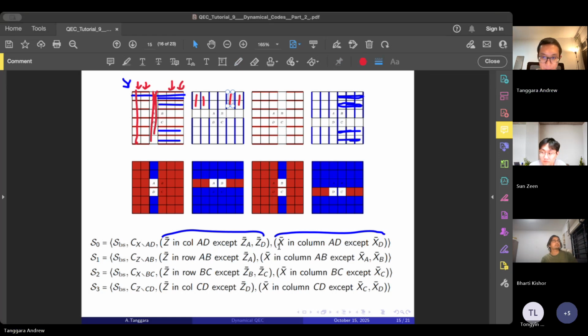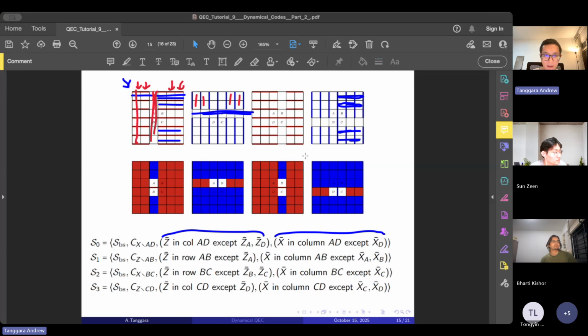And then you're going to have the Z gauge operators in your stabilizer group, which go horizontally. So it's going to be that one, and you don't get this one, and those ones.